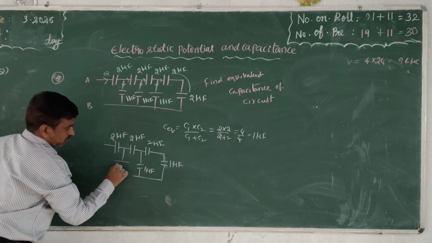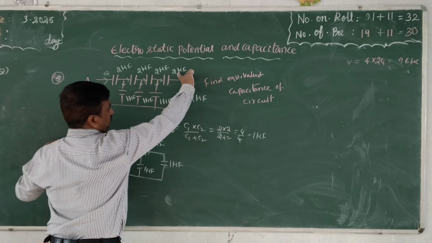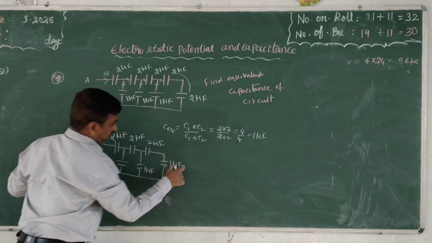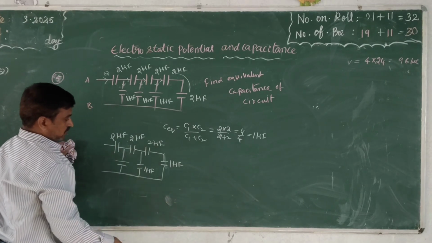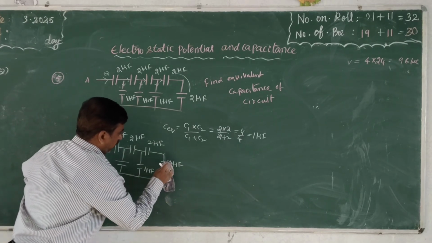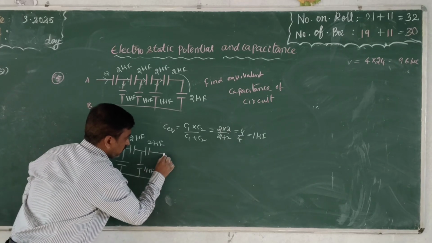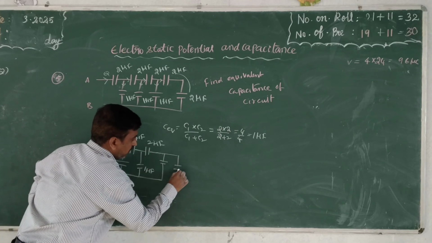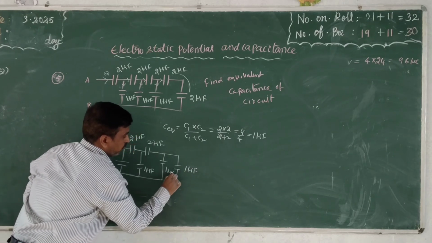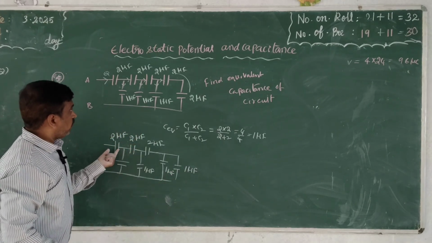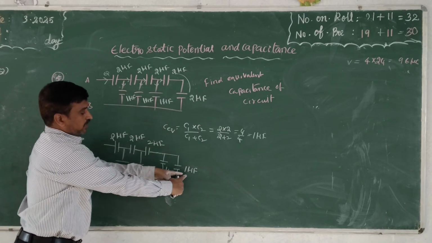Here a combination is there. One more capacitor is there, 1 microfarad. So this resultant I write here as 1 microfarad.